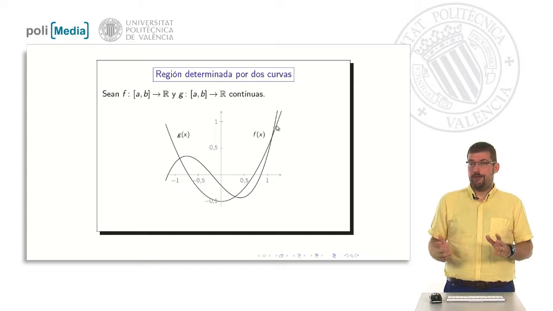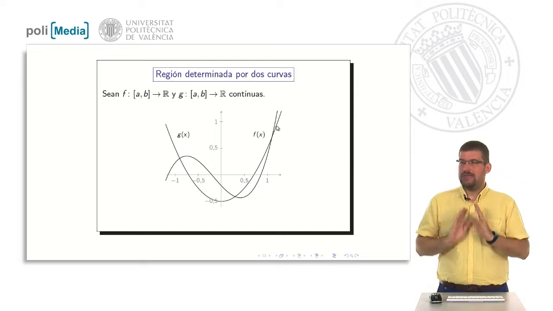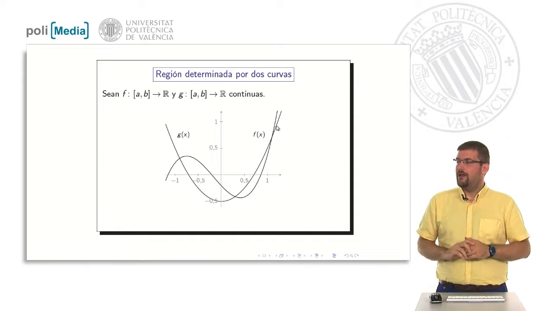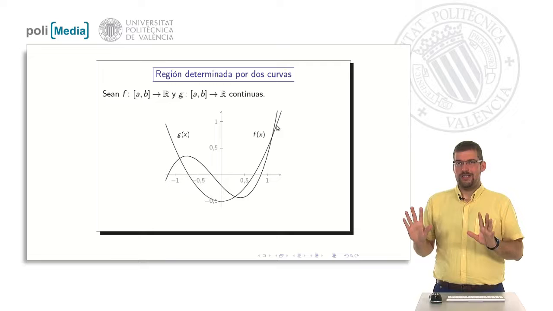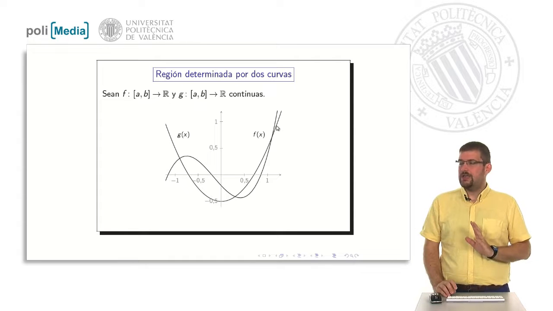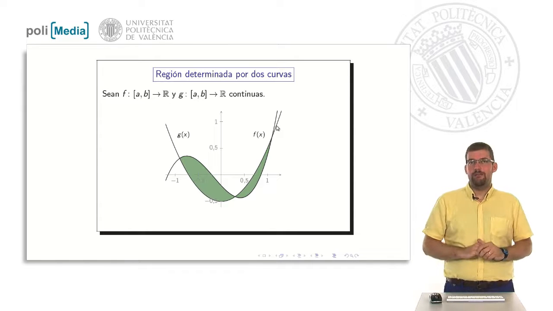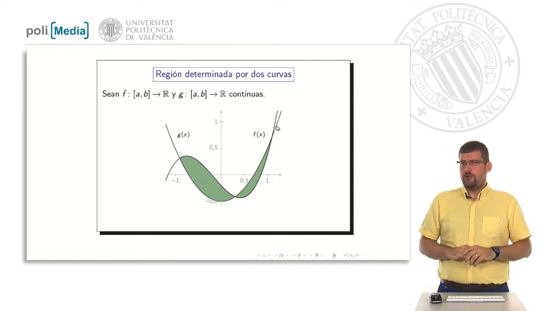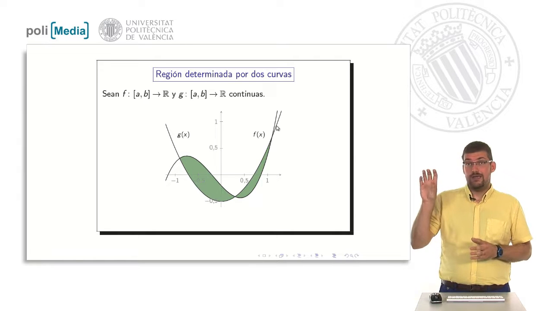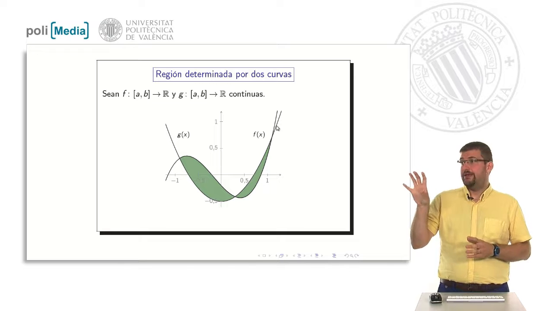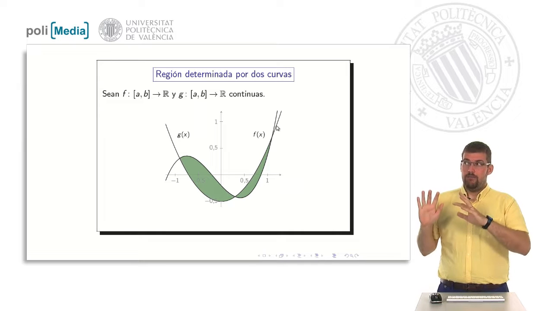determine its area. But abstractly in mathematics, we take two continuous functions like these, and what we are interested in is to calculate the region determined by them. Normally, when we talk about the region determined by two functions and calculating its area, we refer to the region that is bounded, in other words, the region that can indeed be seen.